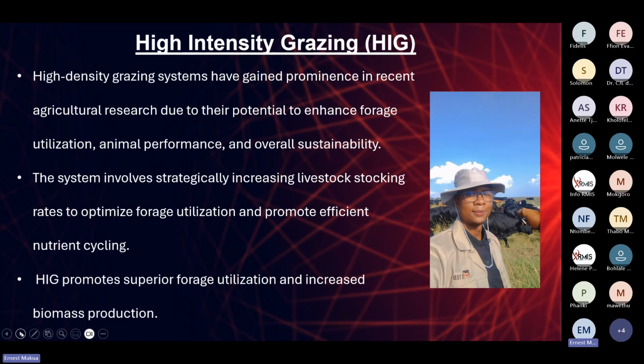Now, there's a variety of systems that the farmers can implement on their farms that can assist in increasing circularity of nutrients. And amongst the systems that farmers can implement, which has much higher potential in terms of circularity of nutrients, is the high intensity grazing system.